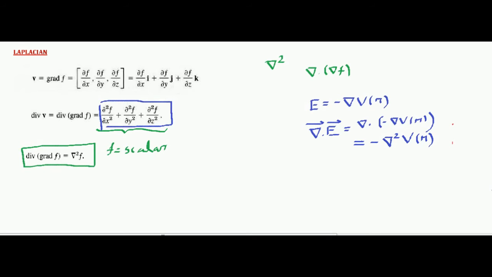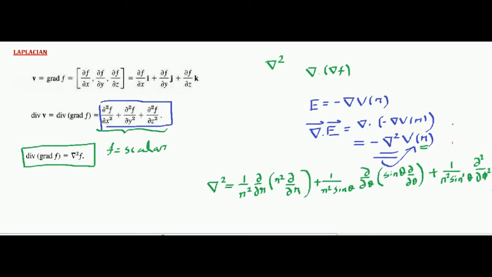As I said, the Laplacian here is written in Cartesian coordinate, but when you apply this Laplacian on this potential, you cannot use Cartesian coordinate because r here is the spherical polar coordinate r. Hence you need to write the Laplacian in polar coordinate. So let us write how the Laplacian looks in the polar coordinate. This is the Laplacian in your spherical polar coordinate. Now how to know when to use this type of Laplacian?